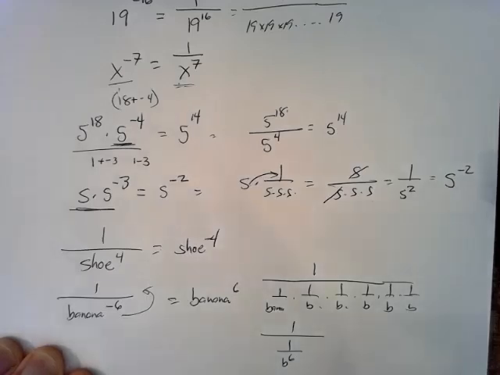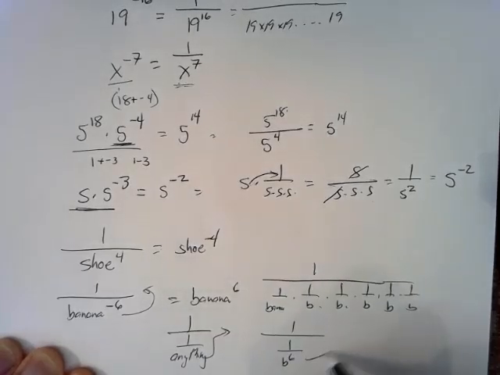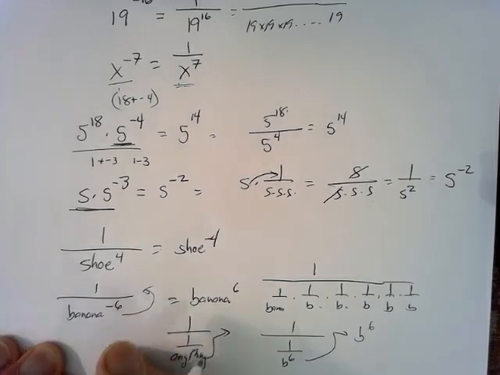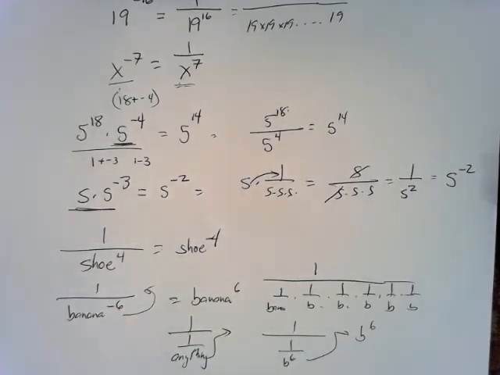But as we saw in the previous videos, 1 over anything is equal to that anything. It comes up, so we'd get banana to the sixth. You see how all of these general principles tie together and allow us to work more flexibly with symbols if we can make the analogy to how we deal with them with numbers.